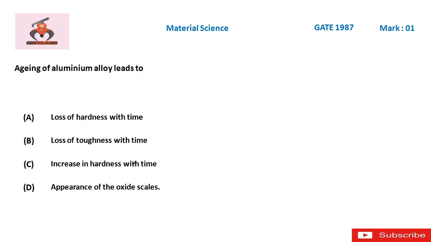The next question: aging of aluminum alloy leads to loss of hardness with time, loss of toughness with time, increase in hardness with time, appearance of oxide scale. So the right answer is increase in hardness with time.